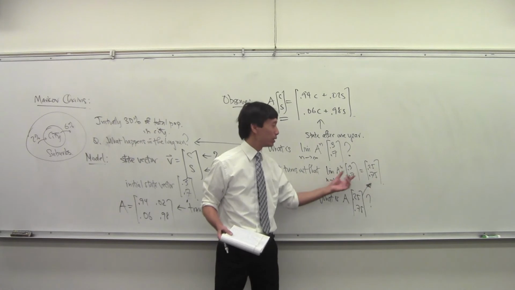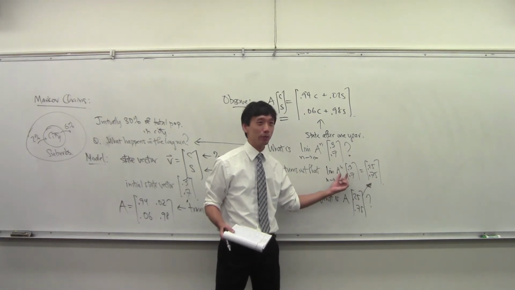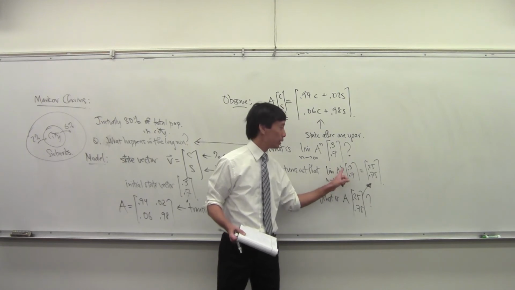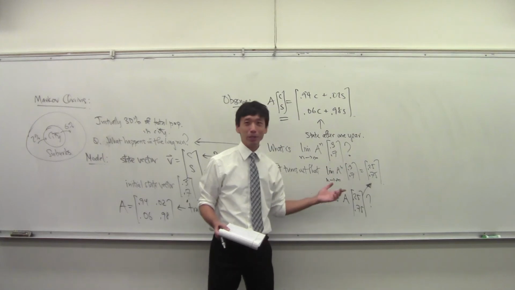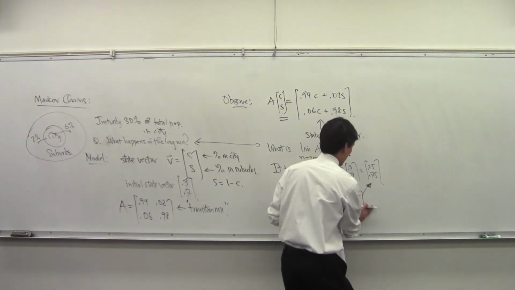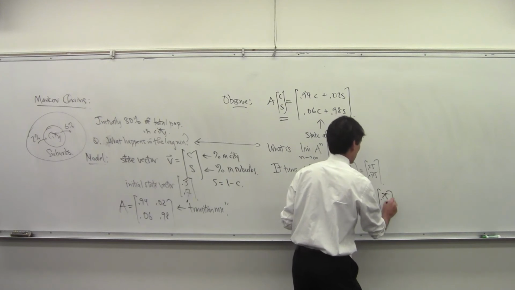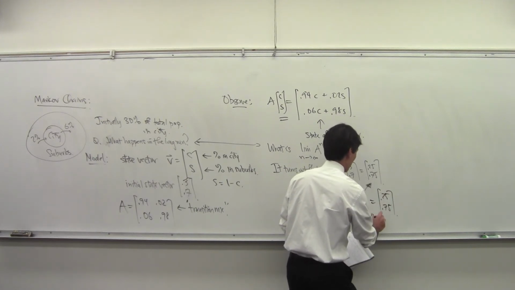Nothing, because you're really taking the limit as n goes to infinity, and you get this thing. You're adding on one more n, that's like saying A to the n plus 1. You're still going to get the same thing. So nothing happens. It's fixed. It's what's called a steady state vector.